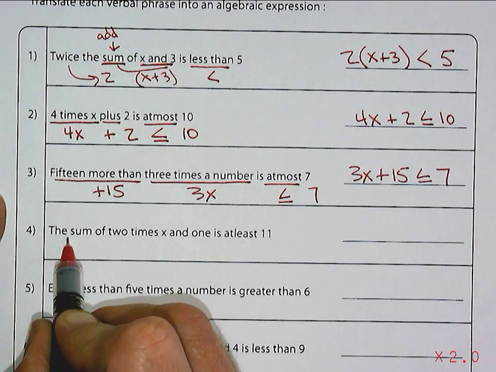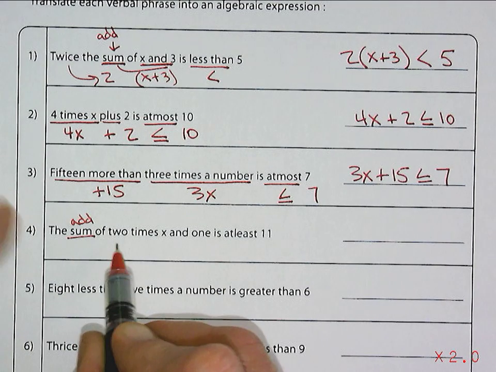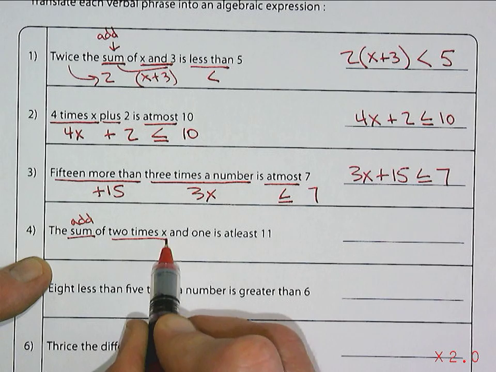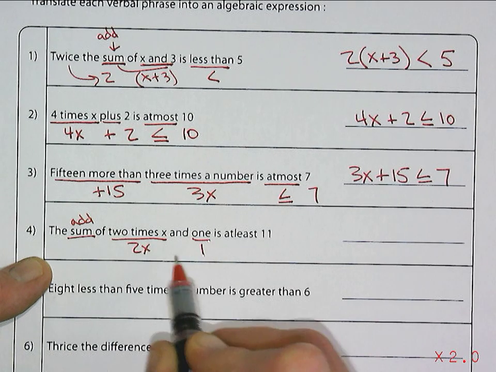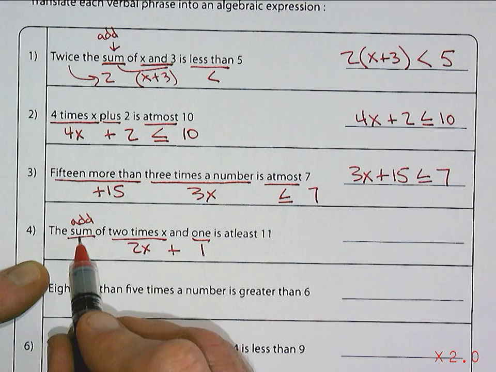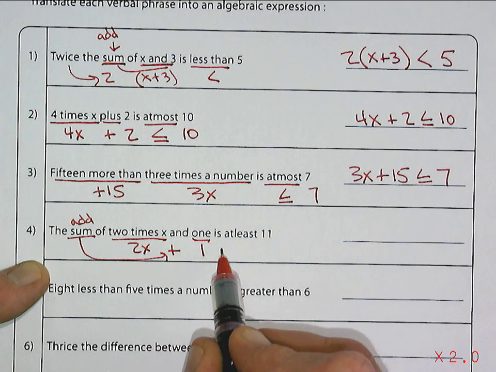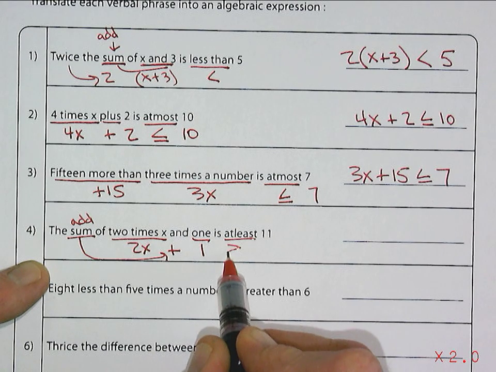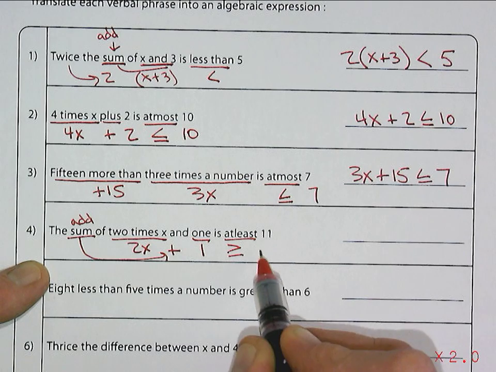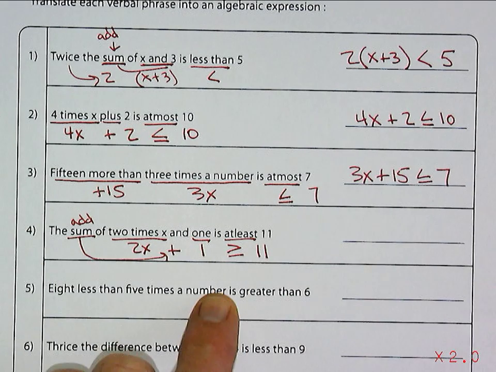So again, we have the sum, that's add. The sum of 2 times x and 1. So we're going to add those two. That's what the sum part is. When the sum of 2 times x and 1 is at least, so now we're talking greater than or equal to 11. If something's at least, that means it's there or more.